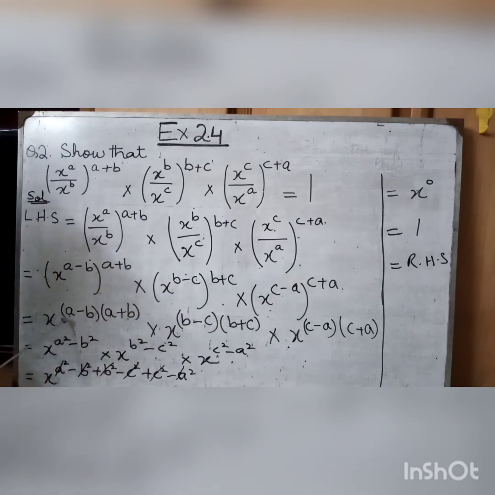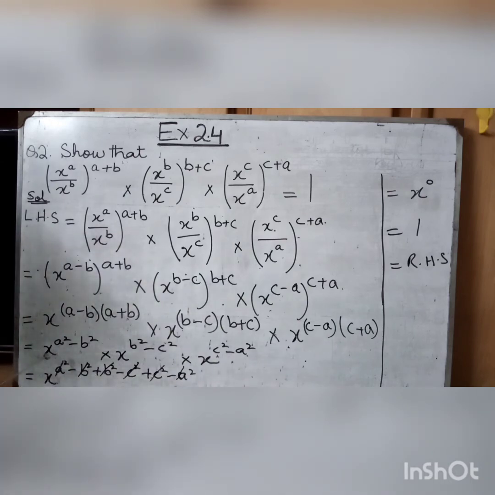Again, using the laws of indices, we have x raised to power a minus b into a plus b, x raised to power b minus c into b plus c, x raised to power c minus a into c plus a. Expanding these, we have difference of two squares: x raised to power a square minus b square, x raised to power b square minus c square, x raised to power c square minus a square.